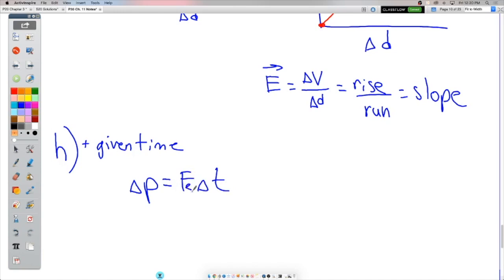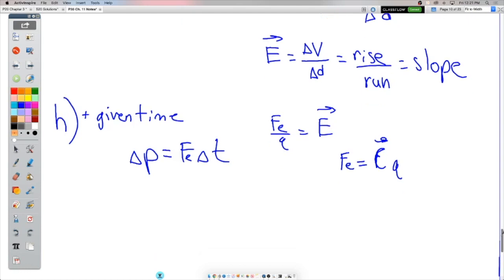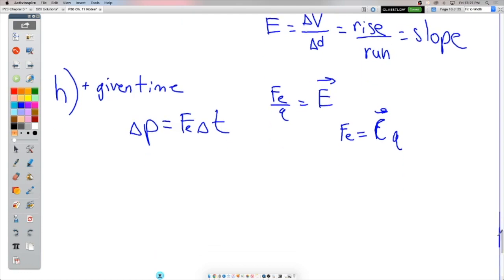The electric force is what's actually acting. So F electric over Q equals the electric field, and so the electric force equals the electric field times Q. Newtons per coulomb times coulombs gives you newtons. That makes sense. So let's plug that in: the change in momentum equals electric field times charge times time.